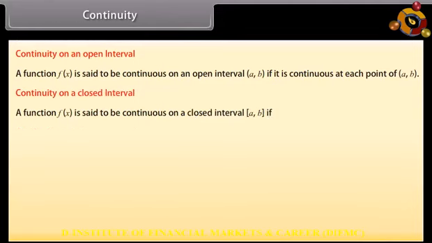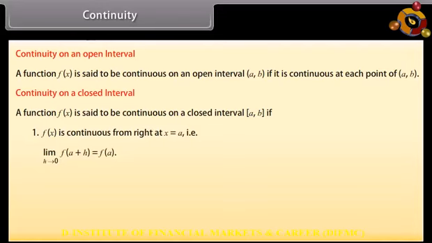A function f(x) is said to be continuous on a closed interval [a, b] if 1. f(x) is continuous from right at x = a. That is, limit h approaches 0 of f(a + h) is equal to f(a). 2. f(x) is continuous from left at x = b.